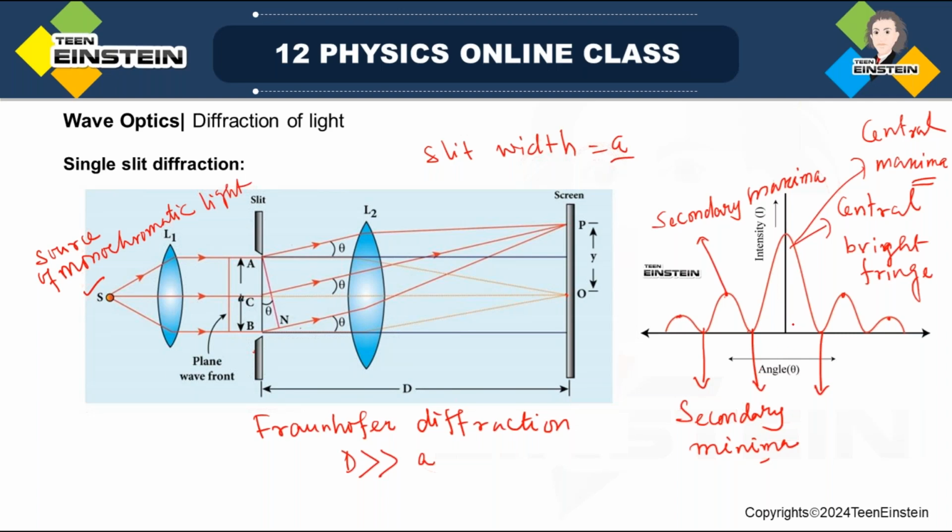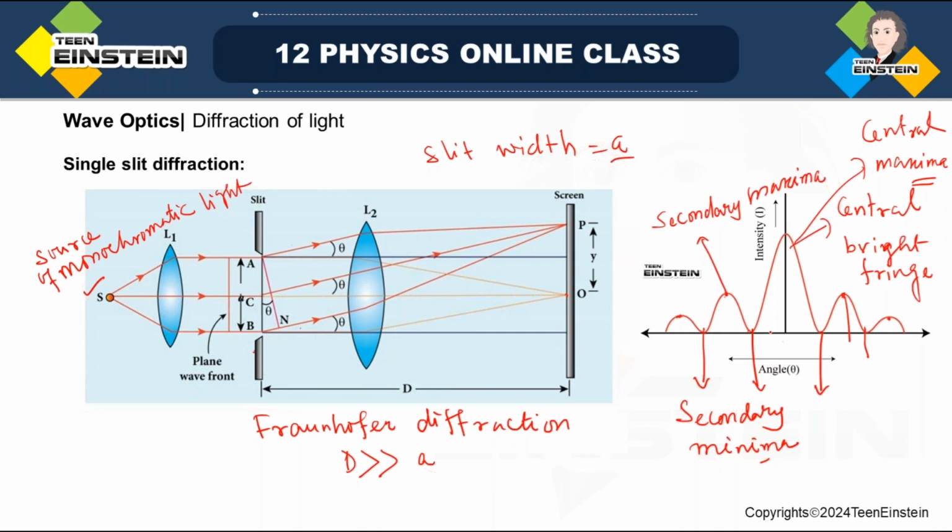See here, the intensity pattern is actually drawn with angular position: the secondary maxima, the central bright fringe, the secondary minima.